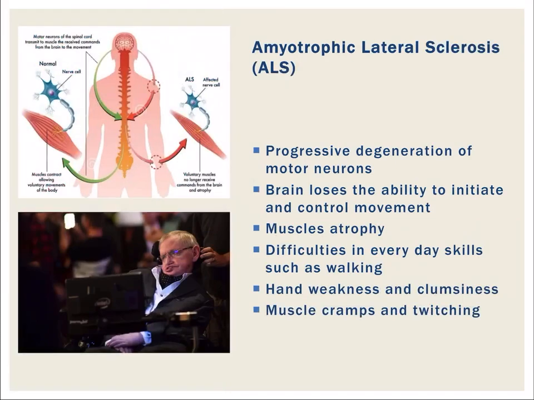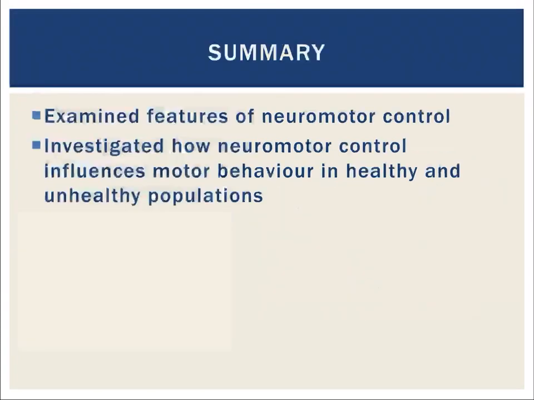So we've all seen the role that the brain plays as a higher level of control in the control of voluntary movement. And because the brain loses the ability to control and initiate movement, muscles atrophy. And that gives obviously very, very pronounced difficulties, not just in walking, but eventually also in breathing, etc.